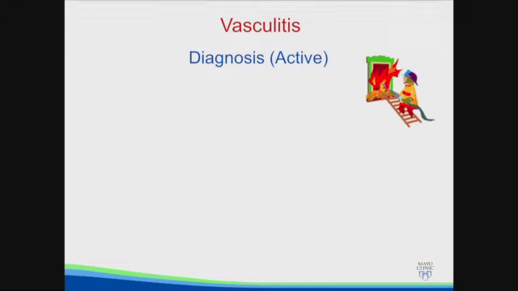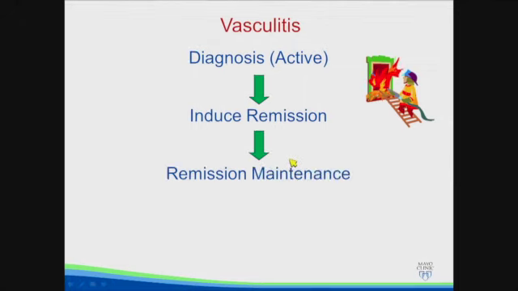And so when somebody's newly diagnosed, of course, their disease is active, right? The blood vessels are inflamed, and we want to put out the fire, so we say we want to induce remission. We want to quiet the disease down, but then we want to keep the disease in remission, because in some of our diseases, there are always some embers sitting there in the blood vessels, which can then cause a flare-up and recurrence of the disease.